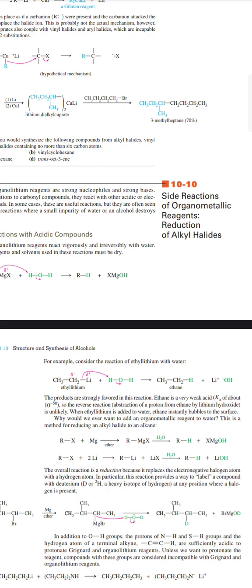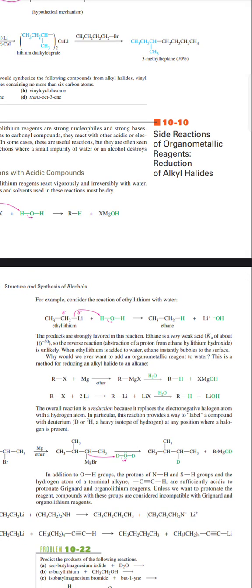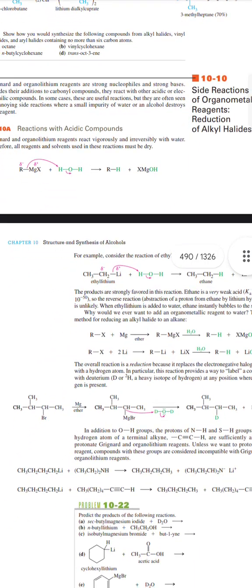This is a method for reducing an alkyl halide to an alkane. The overall reaction is a reduction because it replaces the electronegative halogen atom with a hydrogen atom. In particular, this reaction provides a way to label a compound with deuterium, D or 2H, a heavy isotope of hydrogen, at any position where a halogen atom is present.